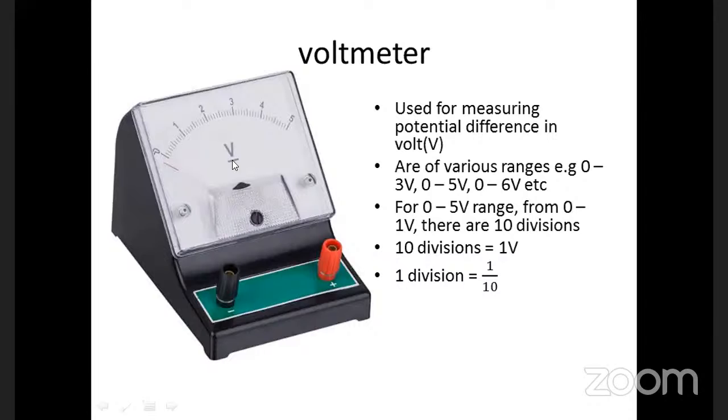Good. So what will be the accuracy of this voltmeter? What we refer to as the accuracy is the smallest reading, the number of decimal places for the smallest reading. That is where we can make other readings from.